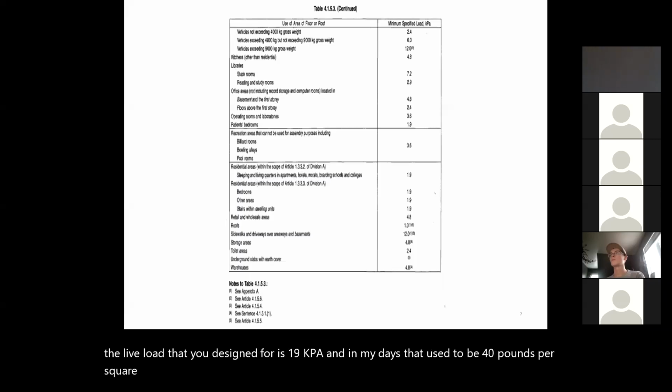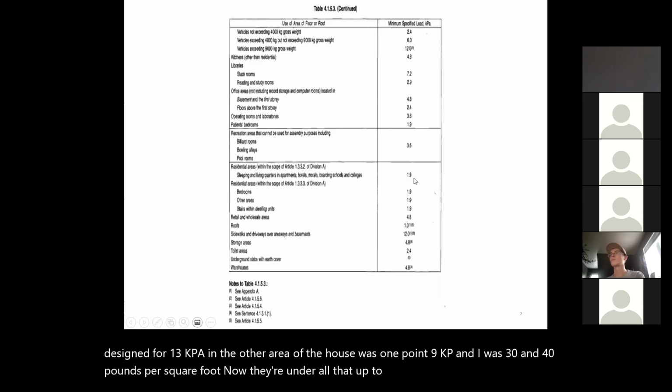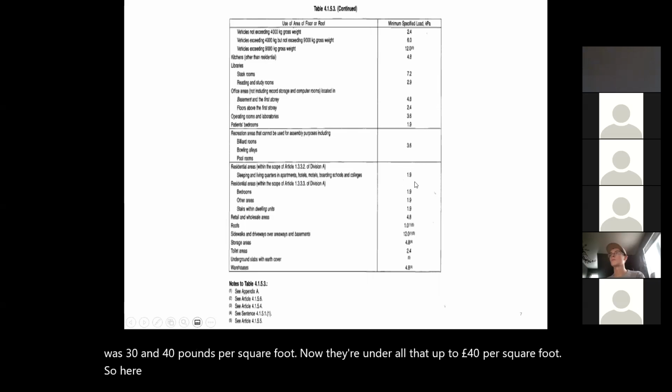Way back when, bedrooms were designed for 1.3 kPa and the other areas of the house were 1.9 kPa, which was 30 and 40 pounds per square foot. Now they rounded all that up to 40 pounds per square foot. So here's the live load that we're going to be using to design our floor, our beams, our columns, and everything else.